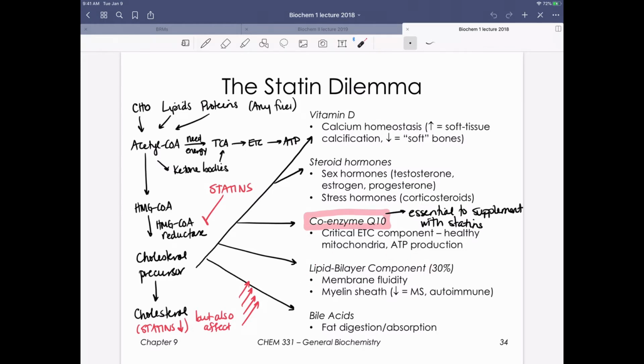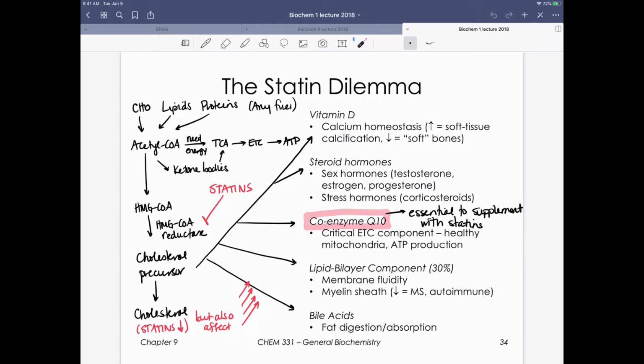Lipid bilayer component, right? Cholesterol is an important component of your lipid bilayer, especially in nerve cells and so forth. So decreased levels of cholesterol are really problematic for people with multiple sclerosis, again an autoimmune disease. We mentioned bile acids. You're going to have problems with fat digestion if you don't produce enough cholesterol.